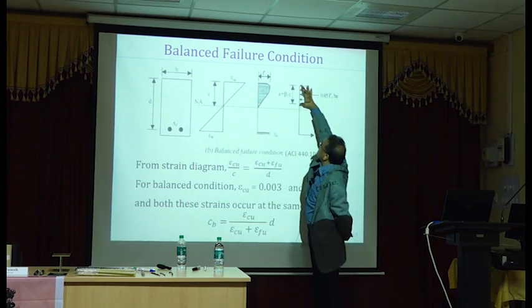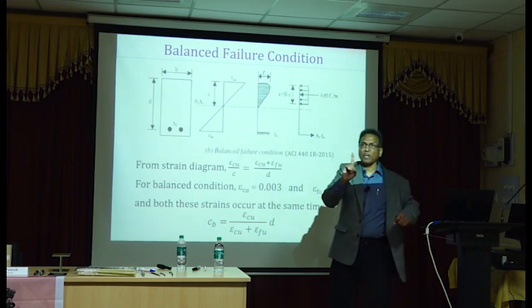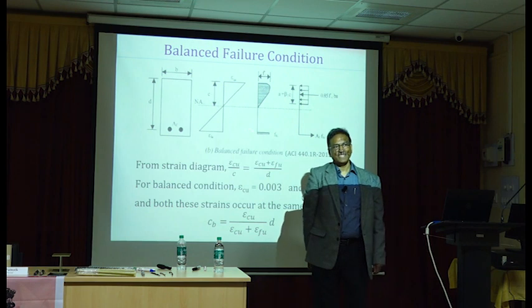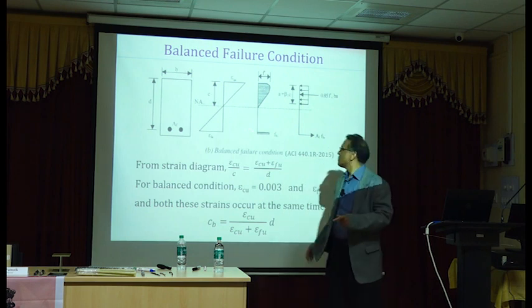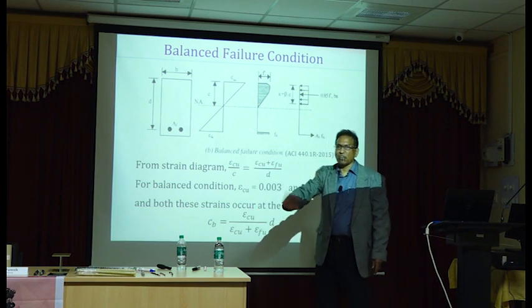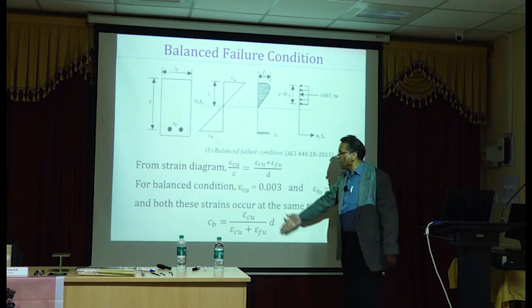So once you know this depth, our average stress, remember this is one thing you might want to remember: the average compressive stress in flexural compression is always 0.85 f'c. If you remember that, you don't even need to go through ACI 440.1, nothing. You don't need to look at anything. Just from your understanding you can calculate all this.